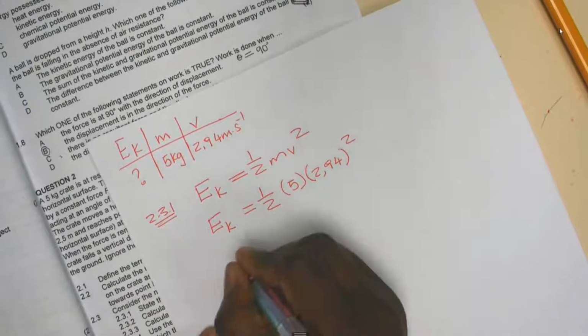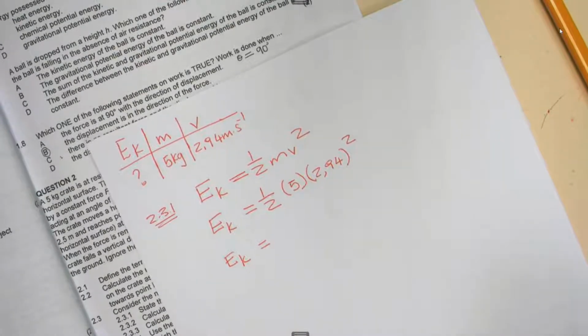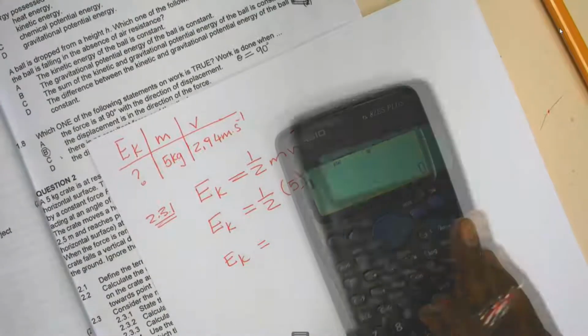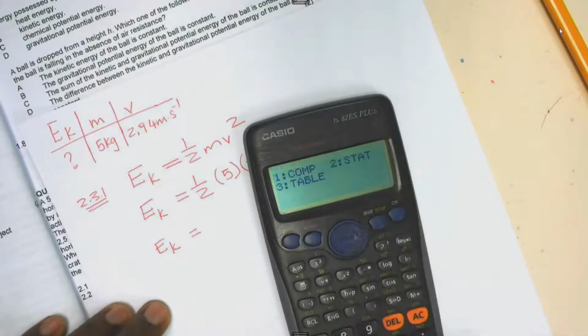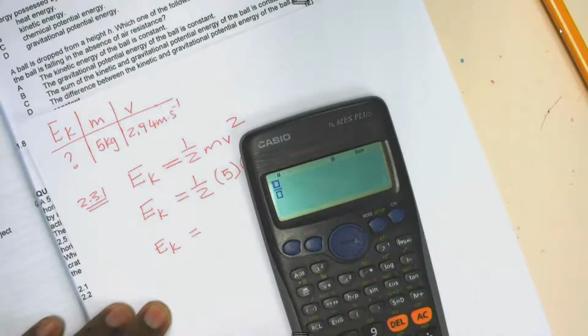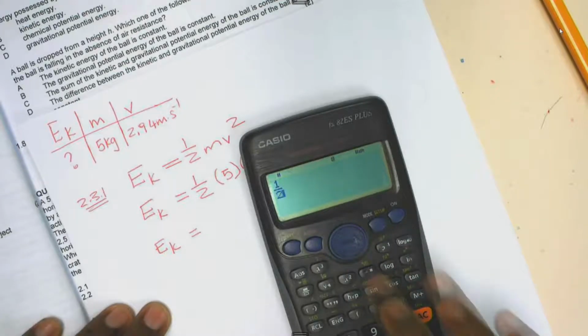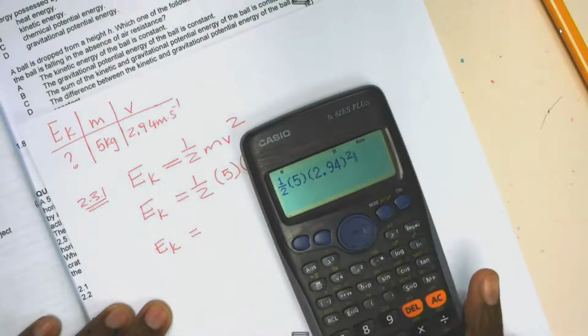And then you take your calculator. Half is 0.5. You can even put your calculator on the math mode. Then you know you've got 1/2, then you've got 5, and you've got 2.94, and then you square that.